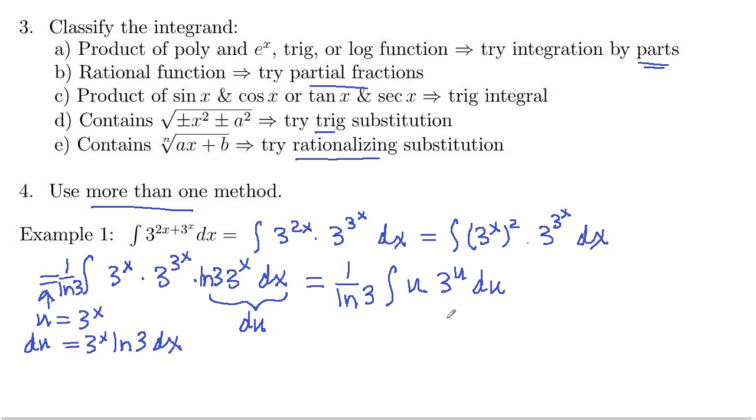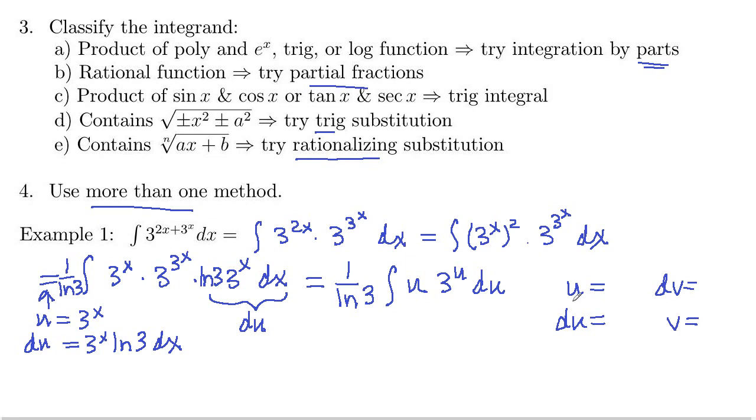And now I look at this and I'm like, oh, I've got a power times an exponential here. If you've got a polynomial or a power times an exponential, that's going to be integration by parts. So we want to pick a u and a dv here. So I want to pick u equals and dv, and then our du and v.